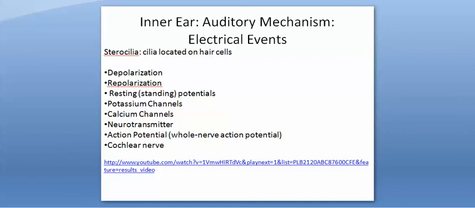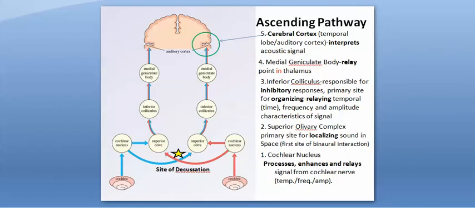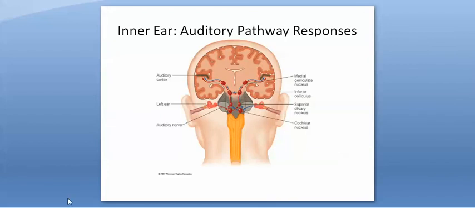All right, so we're going to talk about the ascending pathway, and we spend most of our time on the ascending pathway, and then we have just a little bit on the descending pathway. So this is how information is transmitted from the cochlea to the cerebral cortex. So to begin, this is all brainstem here. So if you go to the next page.